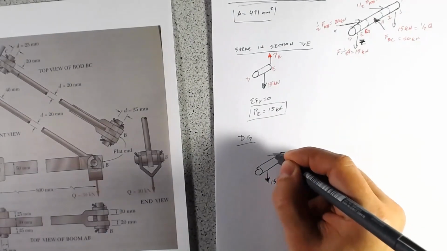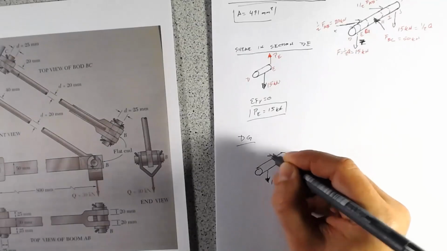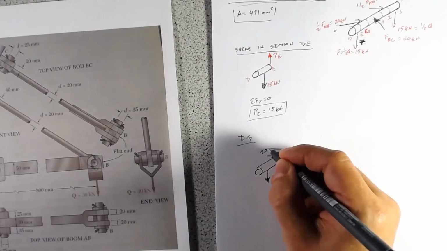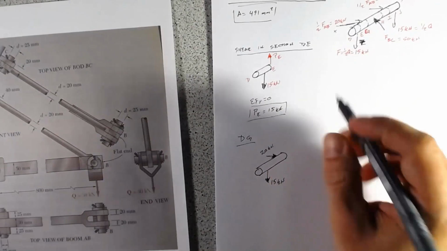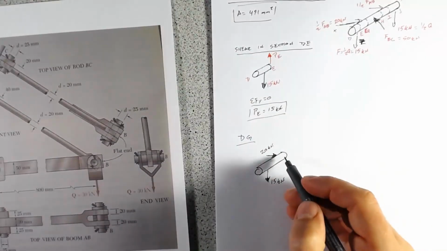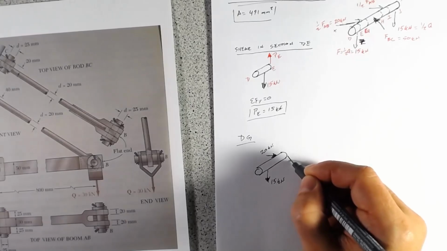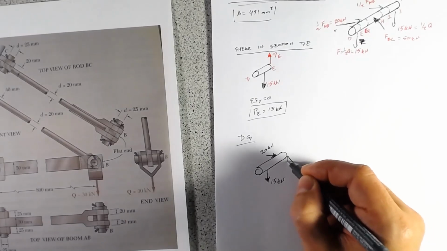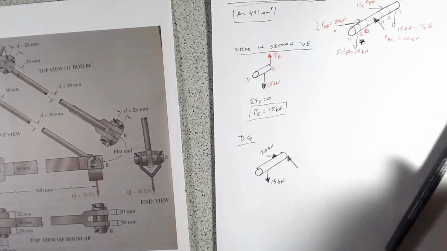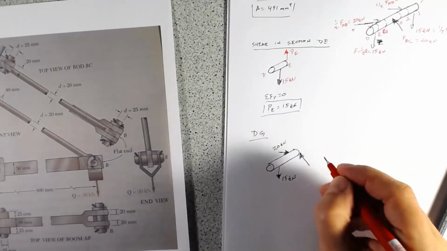We also have a 20 kilonewton force from AB coming in. The shear is going to be the resultant of these two, and we'll call that PG.